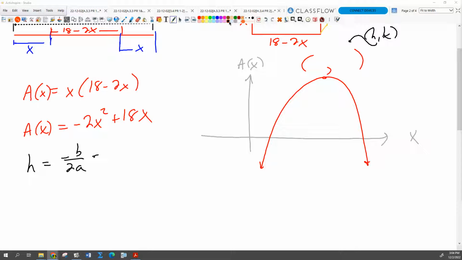Okay, so if I plug in my values then, what's negative b? Negative 18. What's 2 times a? Negative 4. So negative 18 over negative 4 is positive 9 over 2, which we'll just write as a decimal as 4.5. Okay. So that tells me that the x coordinate is 4.5.